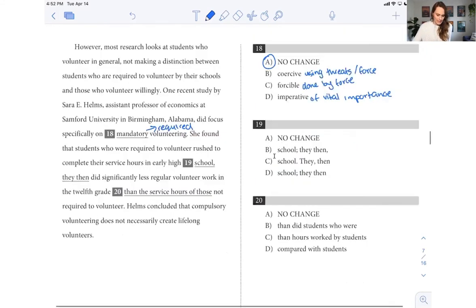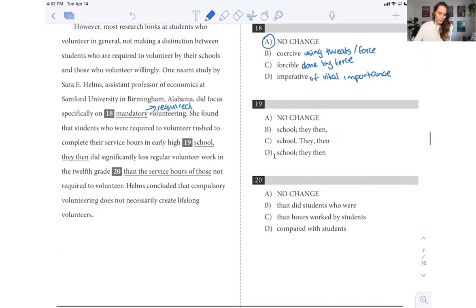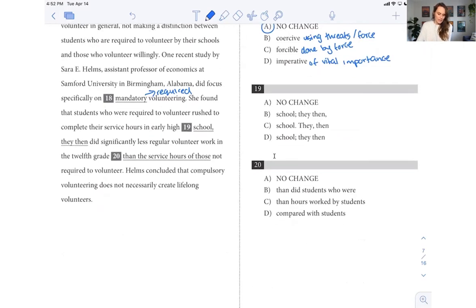Let's look at 19. So she found that students who were required to volunteer rushed to complete their service hours in early high school. They then did significantly less regular volunteer work in the 12th grade. So for 19, we have that they there. They then did, right? And we have a subject and a verb on both sides. So we can't just have a comma there.